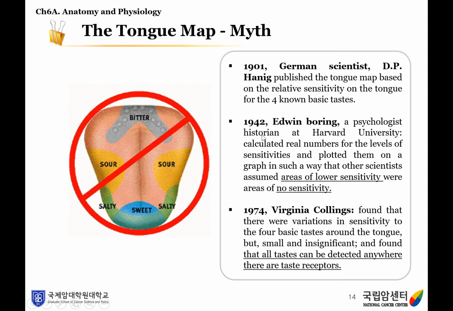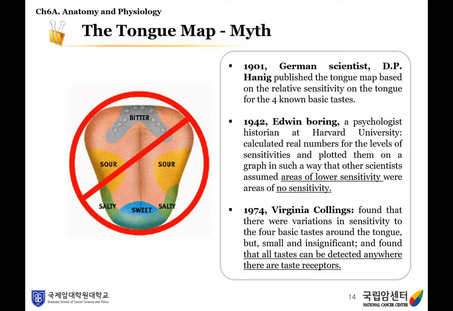But in 1942, Edwin Boring, a psychologist and historian at Harvard University, calculated real numbers for the levels of sensitivities and plotted them on a graph in such a way that other scientists assumed areas of lower sensitivity were areas of no sensitivity.